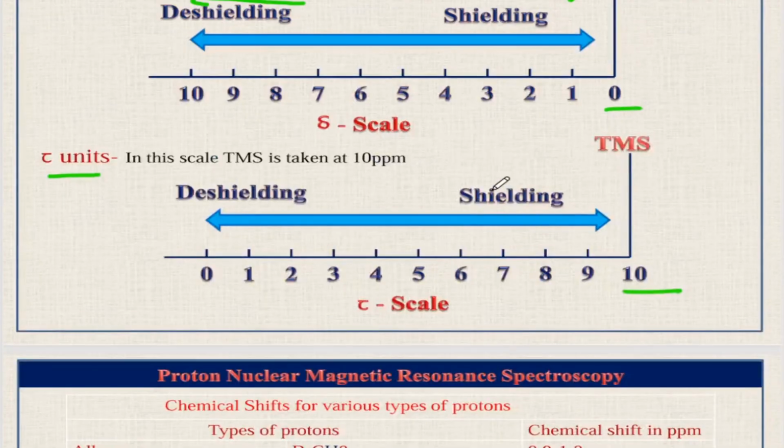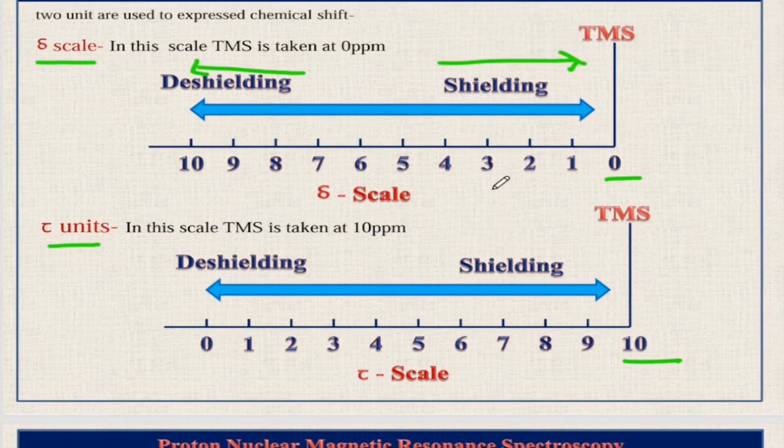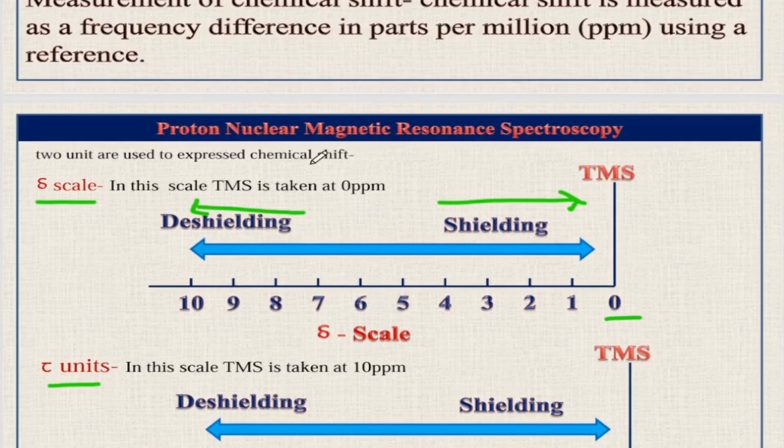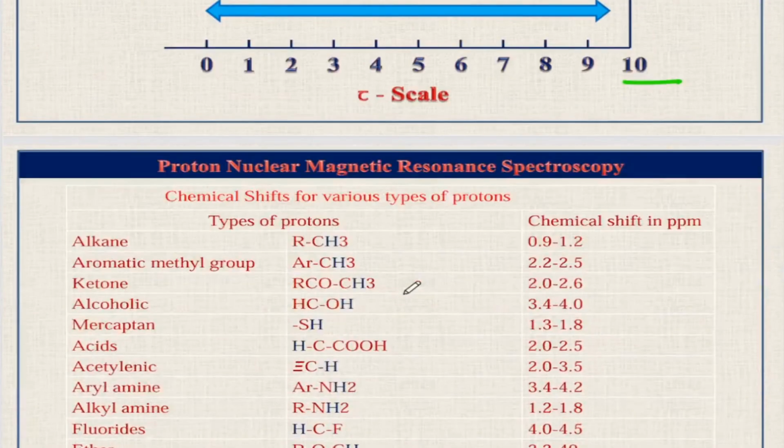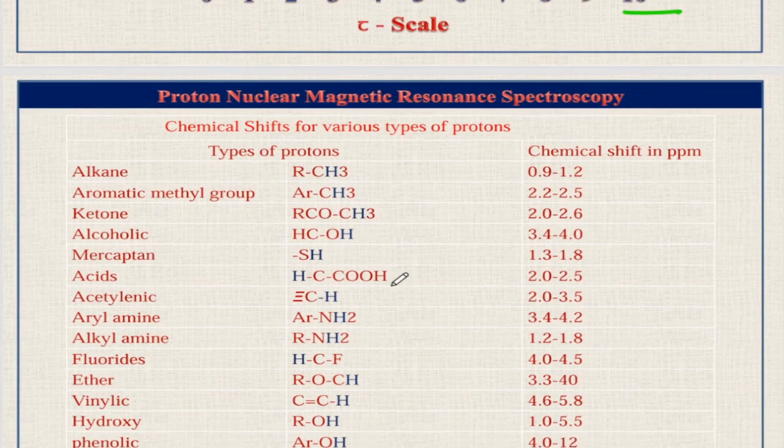Towards TMS, on the right side, shielding increases, and towards the left side, deshielding increases. The same holds in both scales. So there are two scales on which we measure chemical shift, and chemical shift is always measured in ppm, parts per million. There are some chemical shift values for specific types of protons.